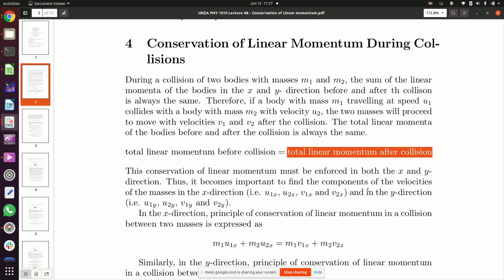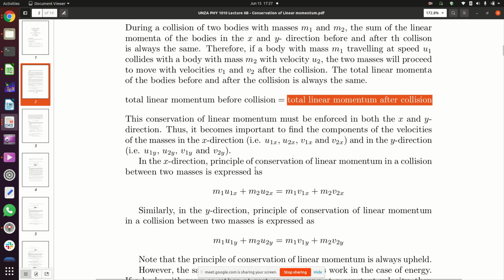So for this condition to be true, we need to put some more restrictions. And how are we going to do that? Well, there are always directions we're interested in. Remember that linear momentum is a vector. So if it's a vector, then we are interested in the size of the linear momentum. We are also interested in the direction of the linear momentum. Since it's a vector and we are interested in direction, for this condition to be true, the one we have here, it has to be true along the x direction.